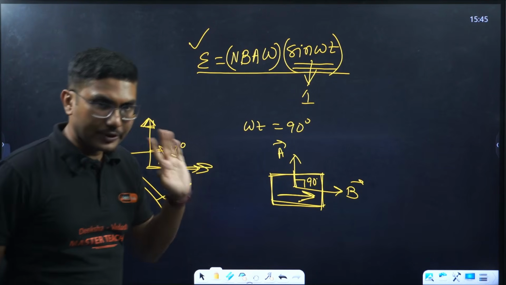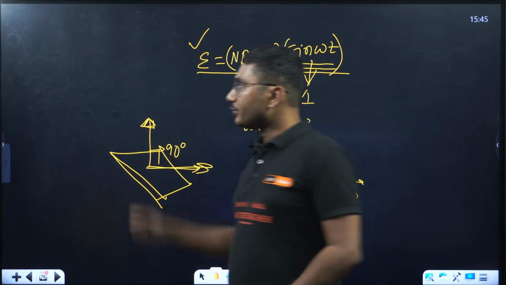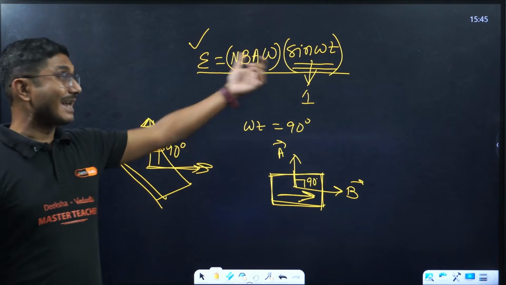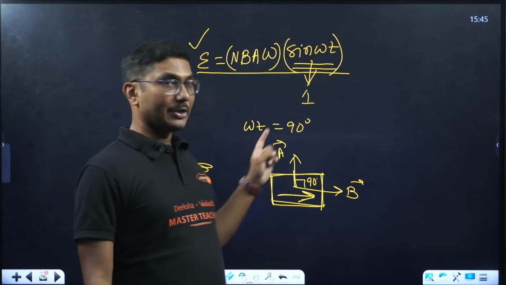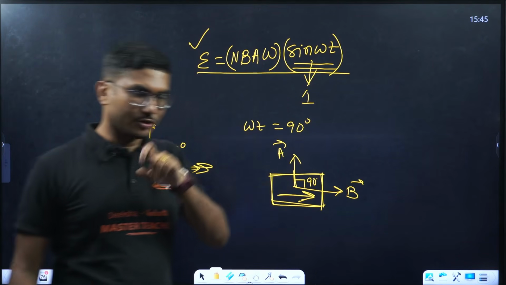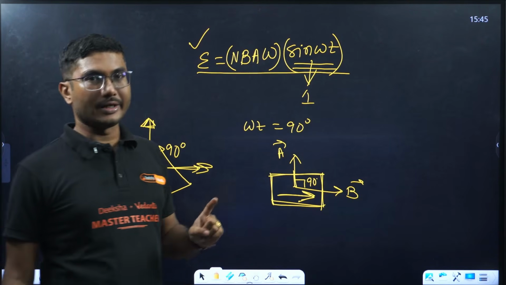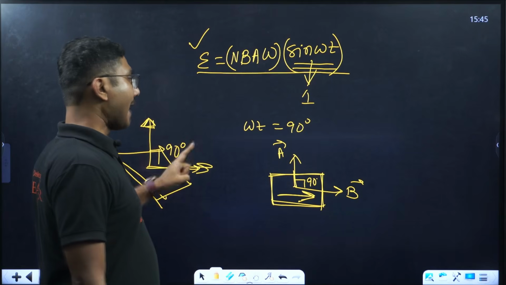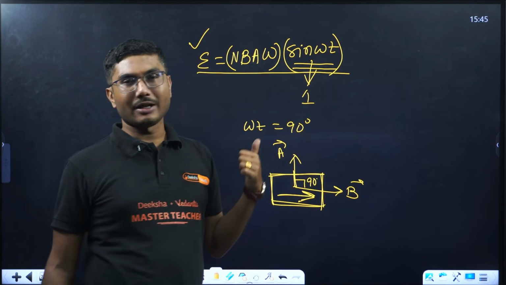So this is a very tricky, very conceptual question. First of all, you need to realize that the 90 degree angle is the angle between the area vector and the magnetic field. That is what is important. That 90 degrees is not the angle of the plane.